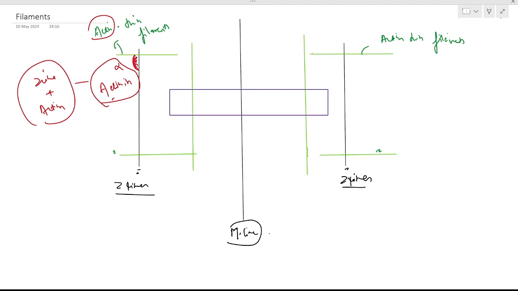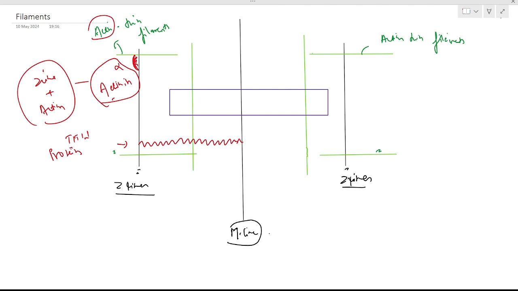Moving on, there is another protein joining the Z lines to the M line. This is our titin protein.